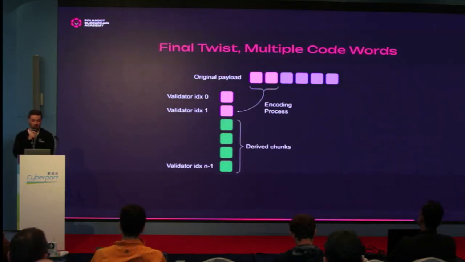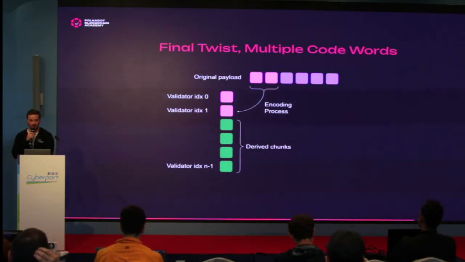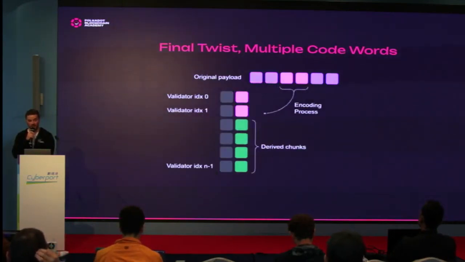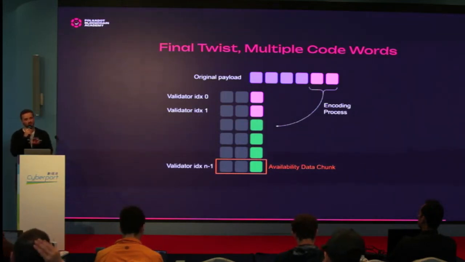So this code word would describe 1/3 of our original payload, and in this example, we have another code word, and that code word describes the middle portion of our data, and we have a third code word that encodes and describes the final portion of our data. Now, the chunk with, say, index I actually describes a bunch of smaller chunks that have the same index from within each code word.